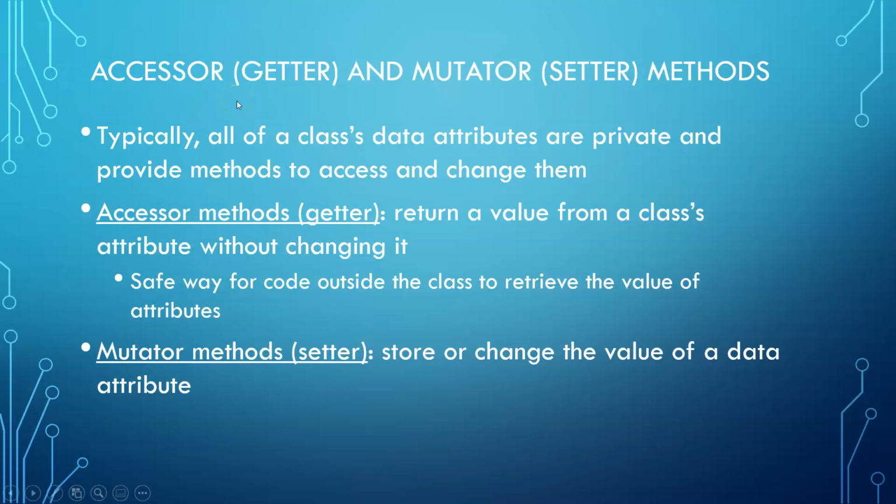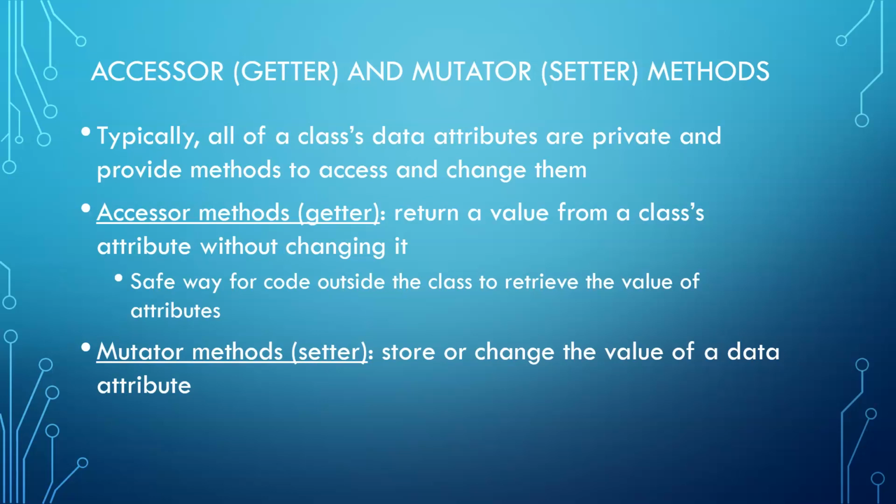In most languages, in order to access or mutate a data attribute within a class, you create accessor or getter methods and mutator or setter methods. An accessor method returns the value from a class's attribute without changing it, whereas a mutator method stores or changes the value of a data attribute.